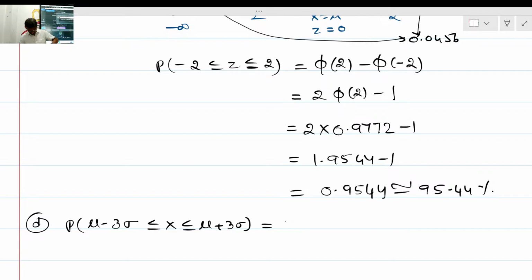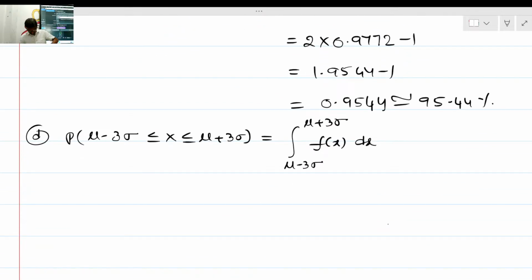Now, the integral from mu minus 3 sigma to mu plus 3 sigma of f of x dx. Remember this point. Now let z equal to x minus mu by sigma.